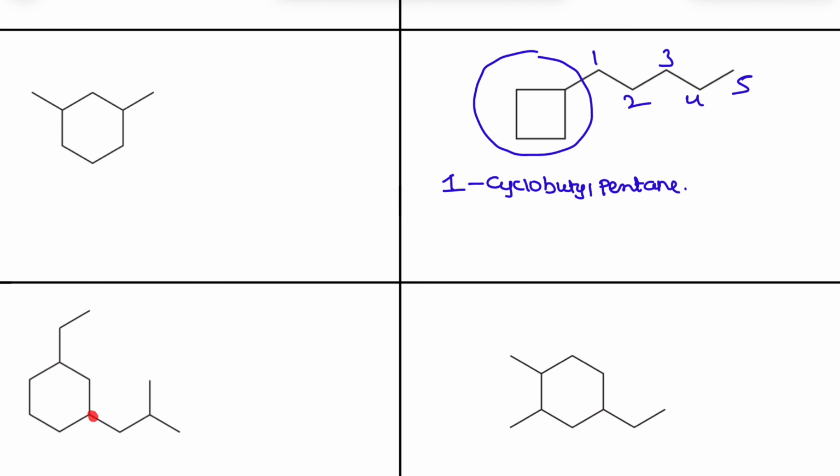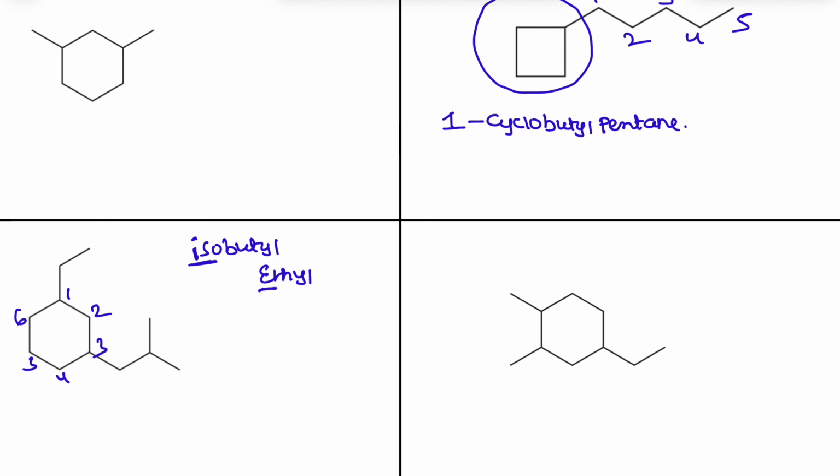Next you can start from here or here, the result is same, 1 3, 1 3, alphabetical order I am going to consider. One is isobutyl, another one is ethyl. So this is a non-hyphenated prefix, I should be considered. So E comes first. 1, 2, 3, 4, 5, 6.